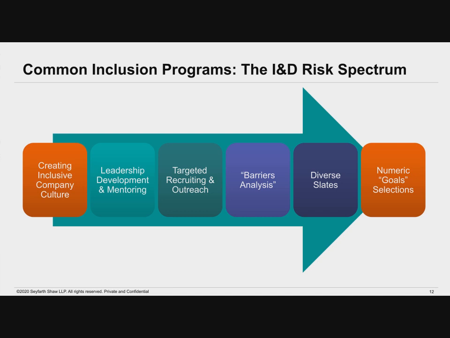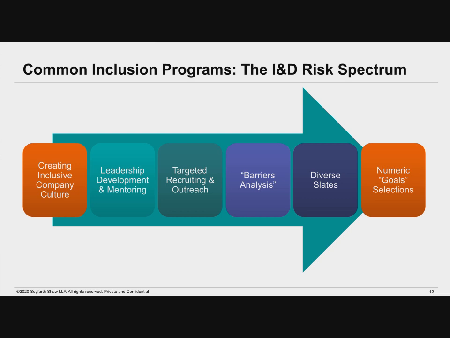Yeah, absolutely. So we're going to talk about a few of these items in a lot more detail again later on today in some different slides, but just wanted to set up a bit of a framework for how we like to think about the IND risk spectrum when you're looking at actual initiatives or programming that you might pursue within your company to drive a culture of inclusion.